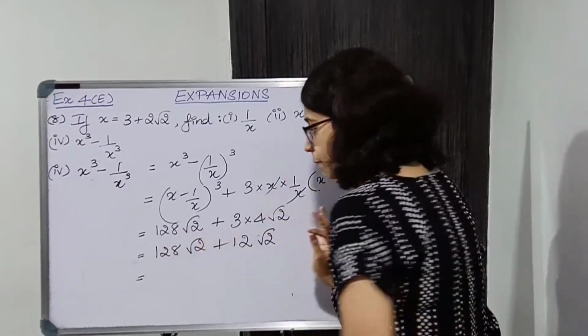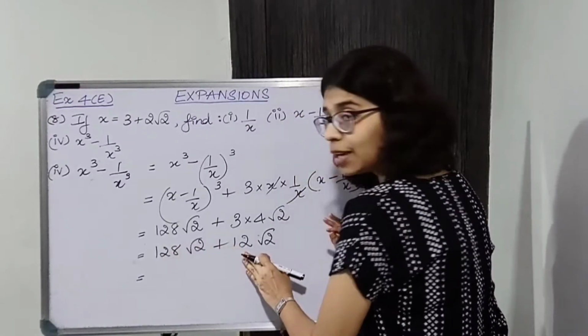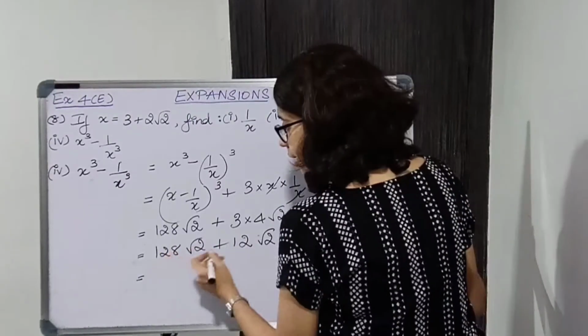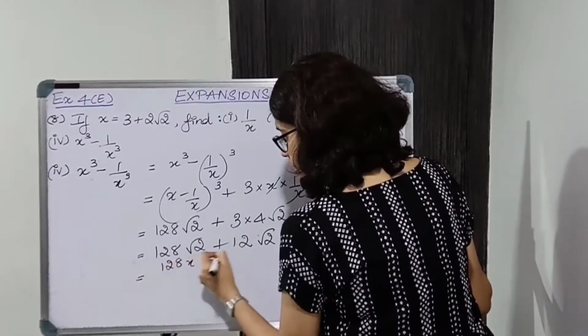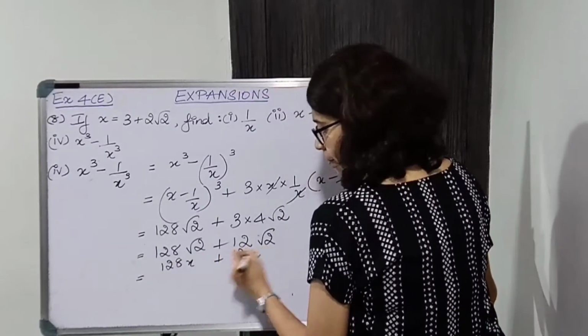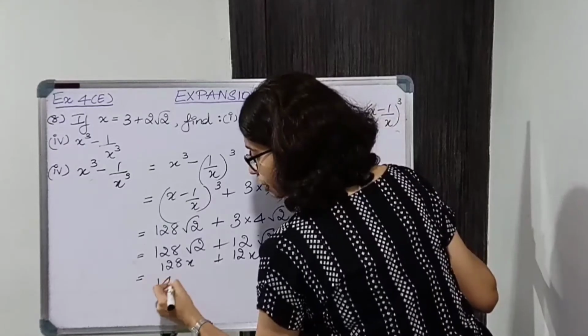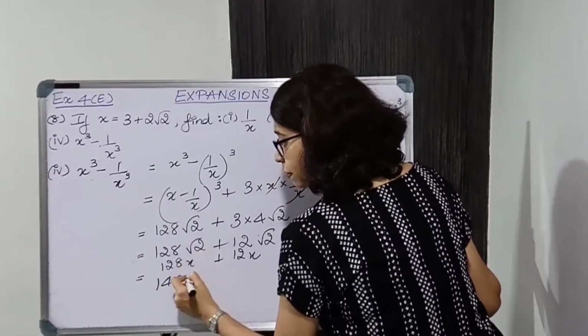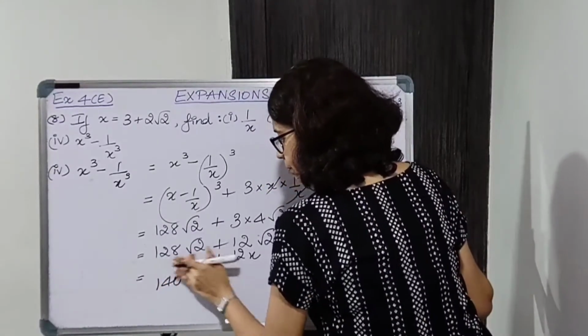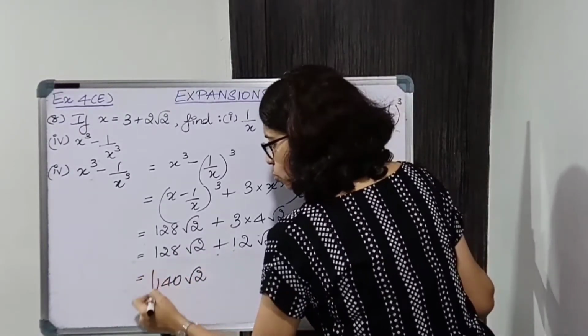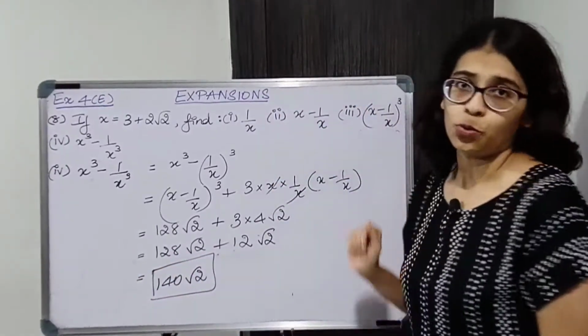So 128 plus 12, this is like 128x plus 12x. So what do we get? 128 plus 12 will give 140x. In place of x there is root 2. So the answer is 140 root 2.